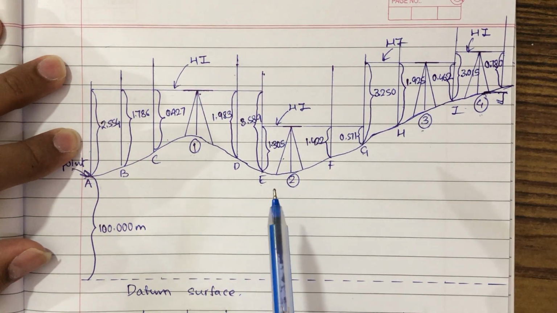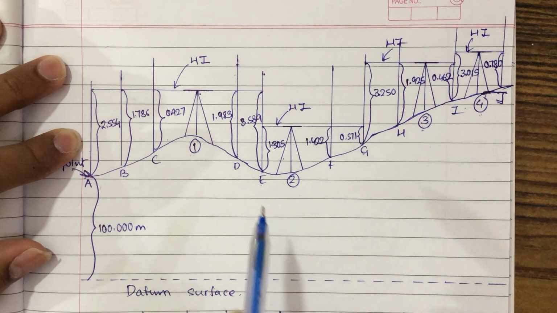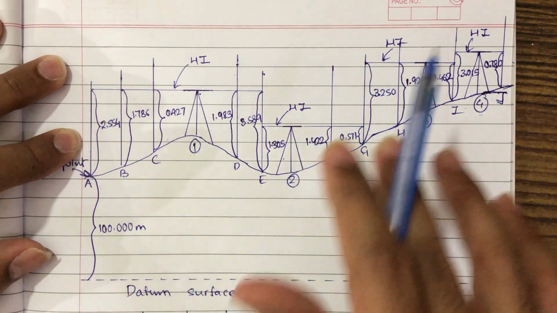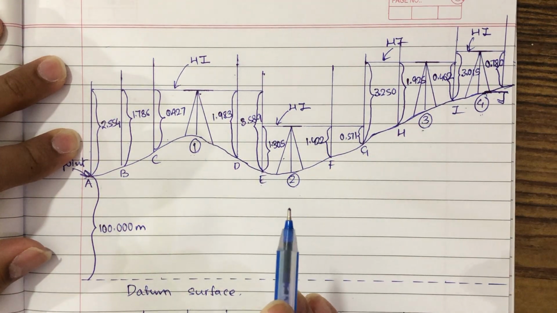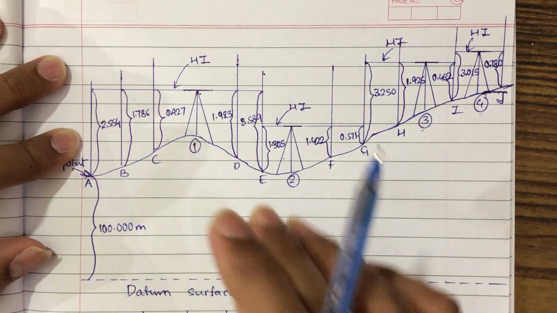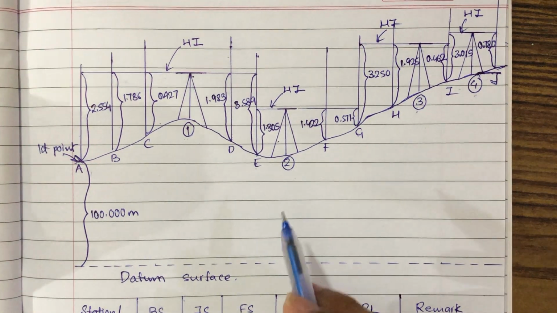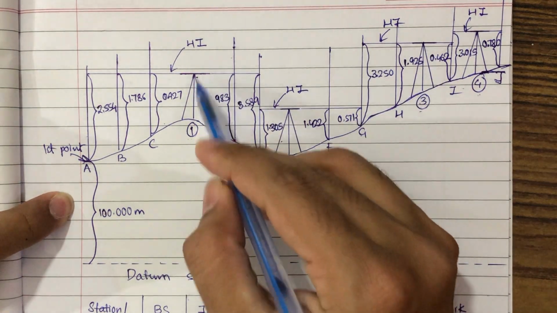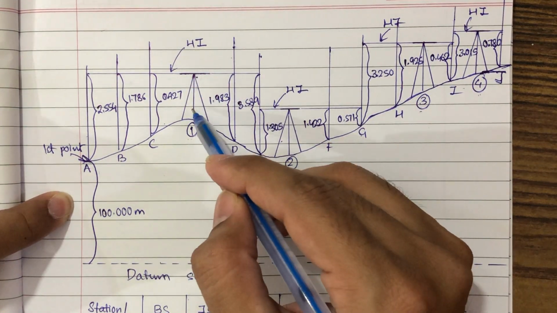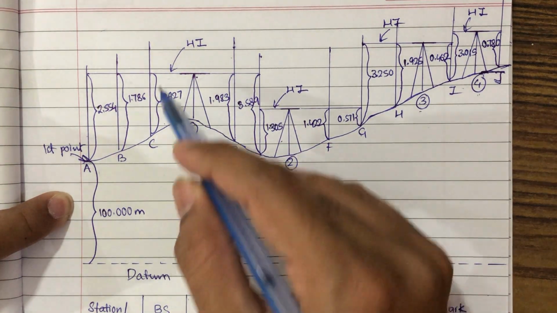So you will be getting 4 HI values. Now this height of instrument is also measured from the datum surface itself. It does not mean this height; it is taken from the datum surface.